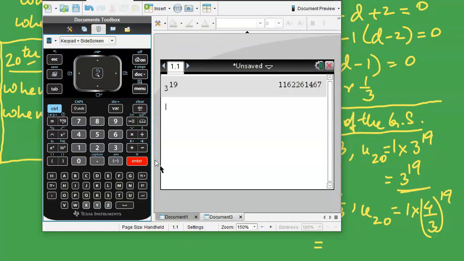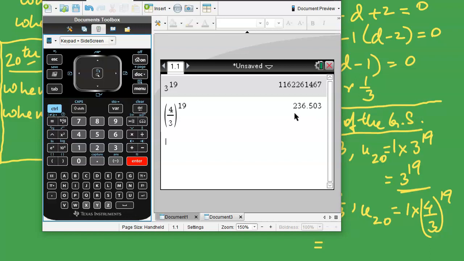So it will be 4 over 3 to the power of 19. It is manageable, 236.503.